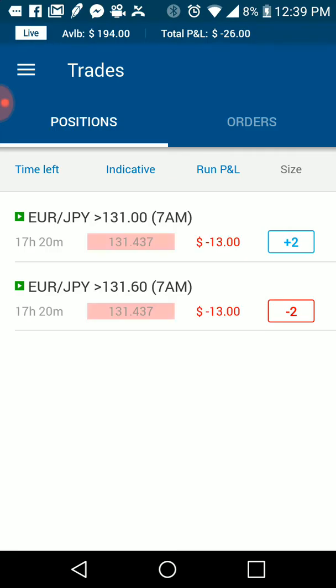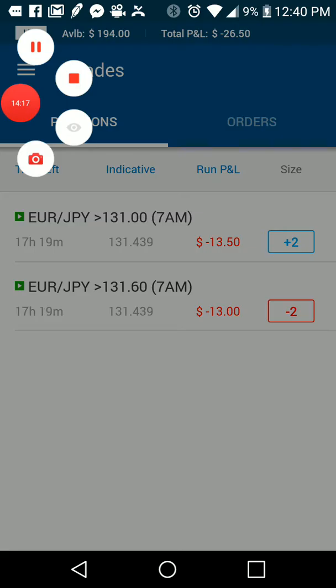We have two positions, and the most that we have at risk is $174. We are at 131 and 131.60 in the euro pound, and both have the expiration time of 7 a.m. And we have two contracts. But remember, the important thing to remember on this is the maximum risk is $175.